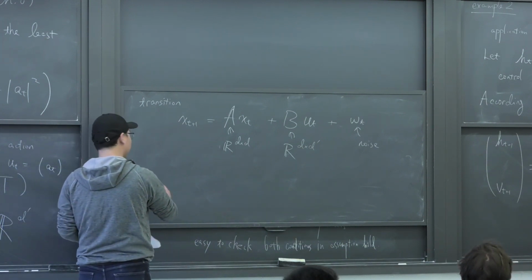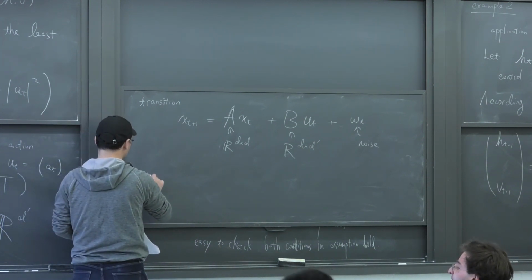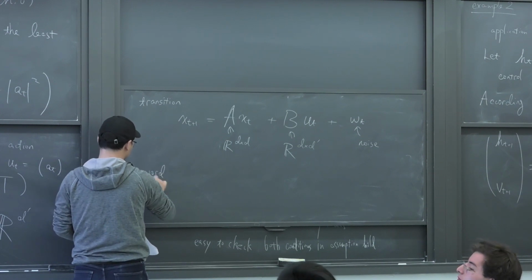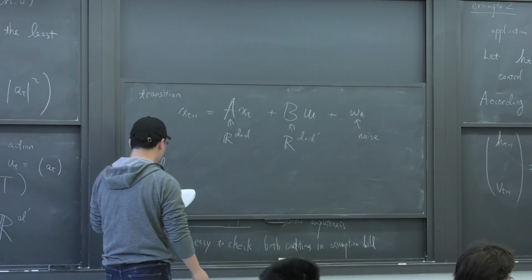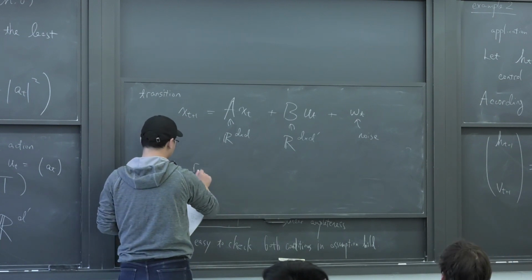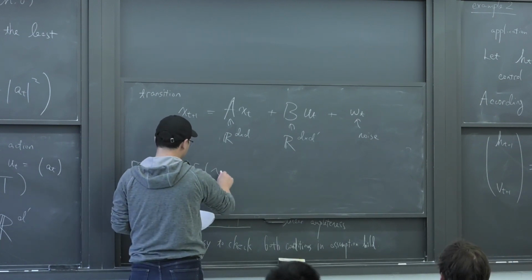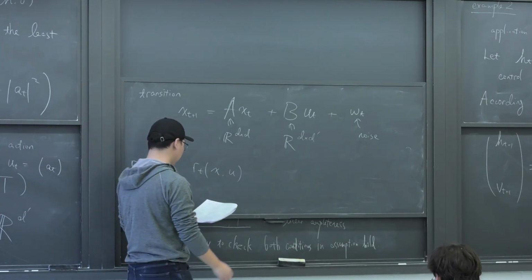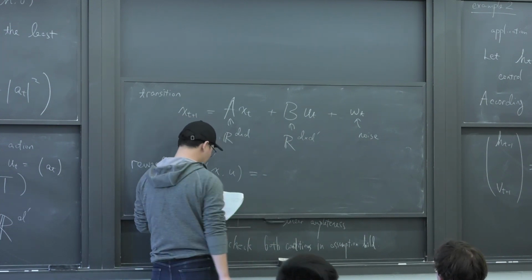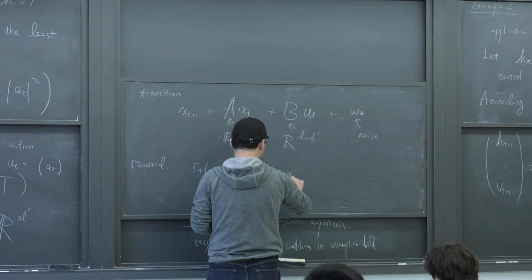And finally, we'll also talk about the reward. So in the LQR model, we always assume the instantaneous reward, which is again defined as a function of state and action, is a quadratic function of both state and action.